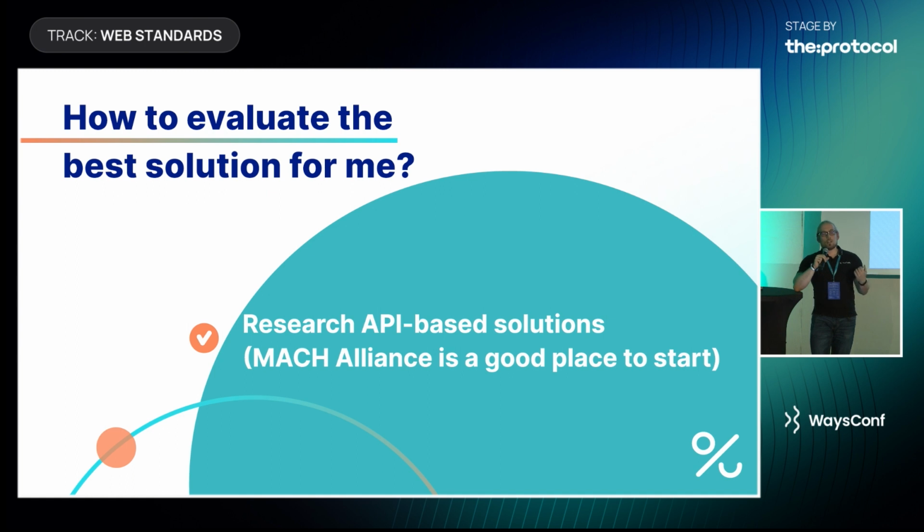And you are going to receive a comprehensive list from which you can choose the best option just for you. And if you don't know even where to start, you can have a look at the MACH Alliance. So MACH stands for Microservices, API-based, Cloud-based and Headless. So there is a large number of solutions under that umbrella that provide services for the issues that you might have in your projects.